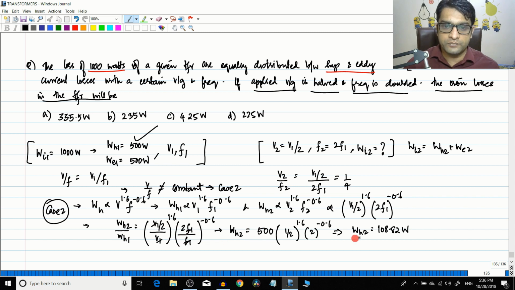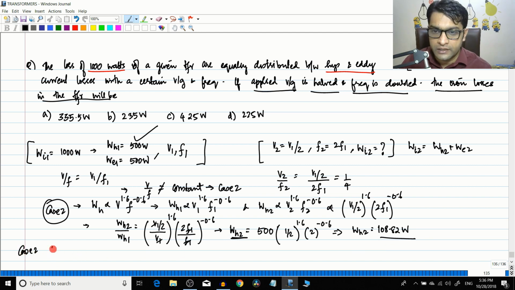So for WH2 you have found it is 108.2. Now for the eddy current loss: in case 2, the eddy current loss is proportional to V square. That means WE1 is proportional to V1 square and WE2 is proportional to V2 square.